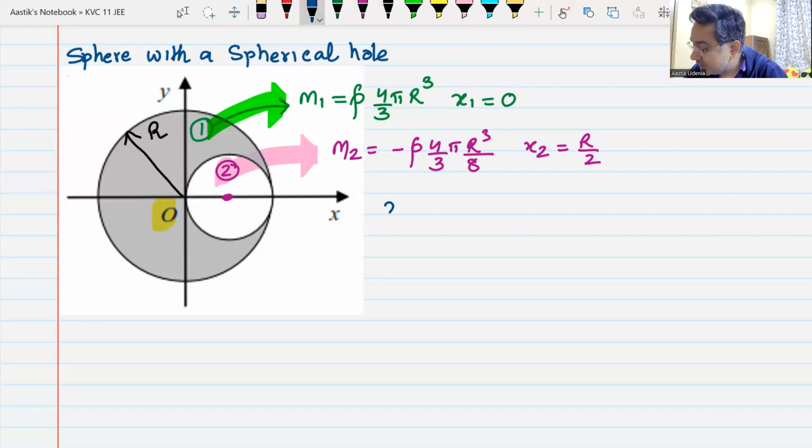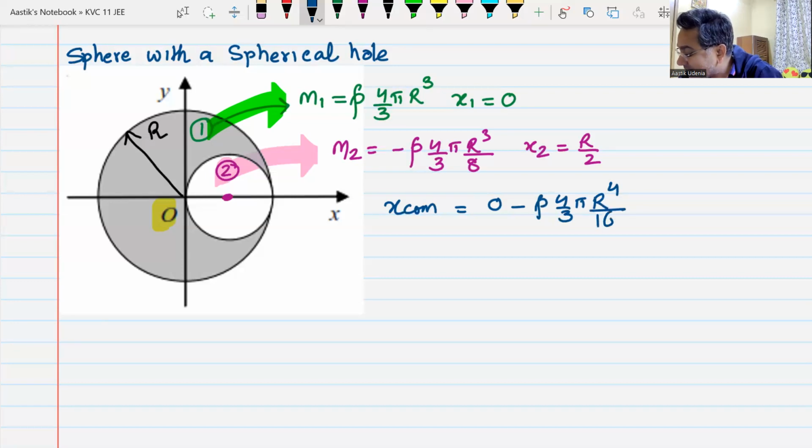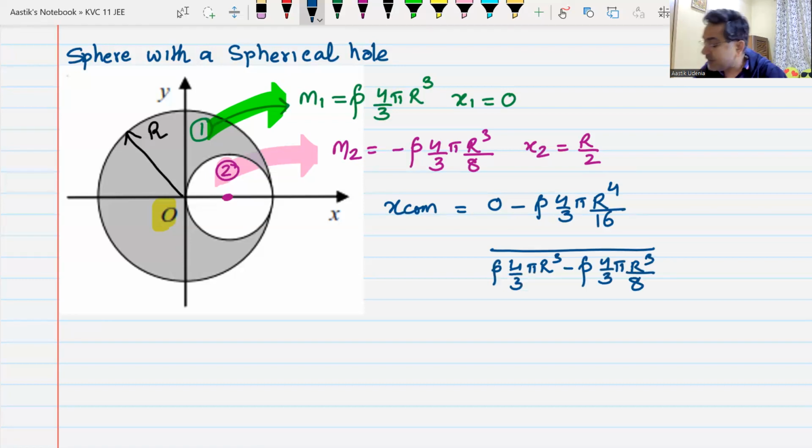Now the only thing that remains is to just do the plus or minus. The x position of the center of mass 1 is already 0, because m multiplied by 0 is 0. Minus rho into 4 by 3 pi r raised to the power 4 by 16, divided by rho 4 by 3 pi r cube minus rho 4 by 3 pi r cube by 8.